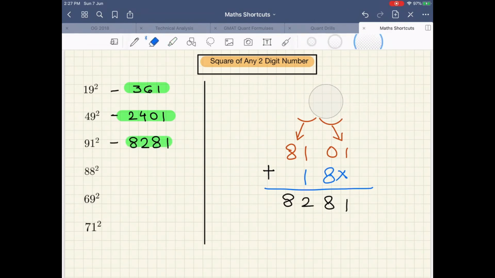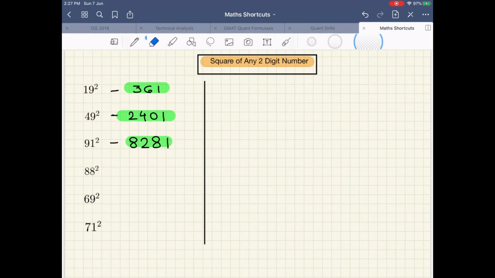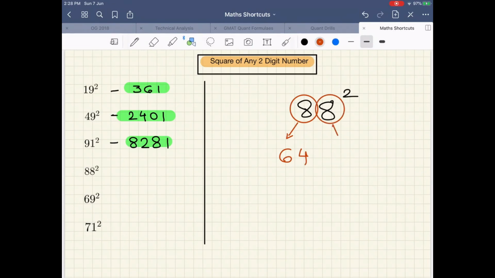The next is 88 square. So the first number, 8 8s are 64. Again 8 8s are 64. Now again 8 8s are 64. 64 2s are 128.